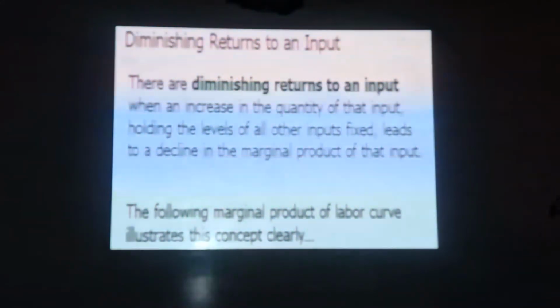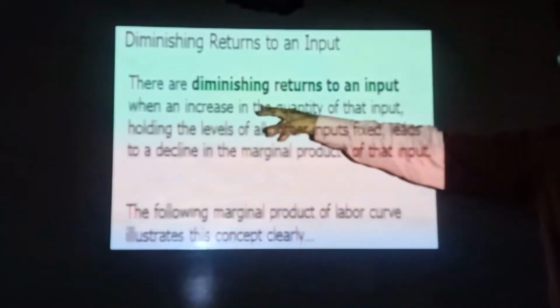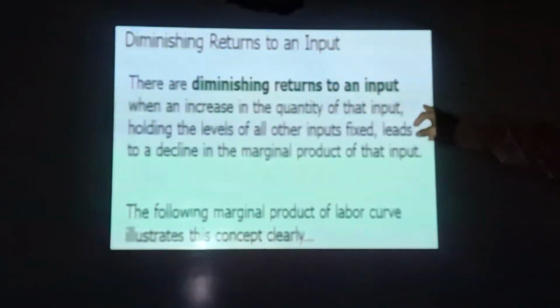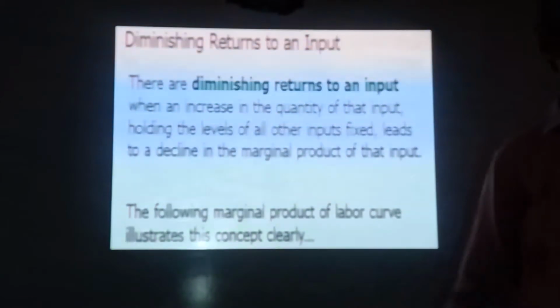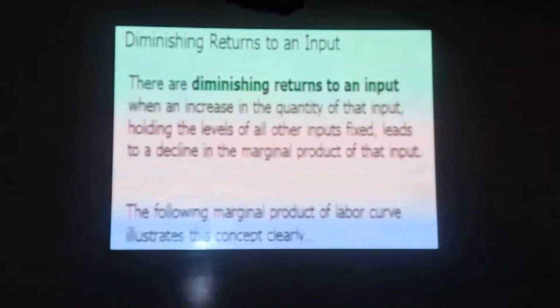Diminishing means decreasing. So there are diminishing returns to an input when an increase in the quantity of that input, meaning labor, holding the levels of all other inputs fixed, as we have discussed that in the short run we have to keep all other inputs fixed.